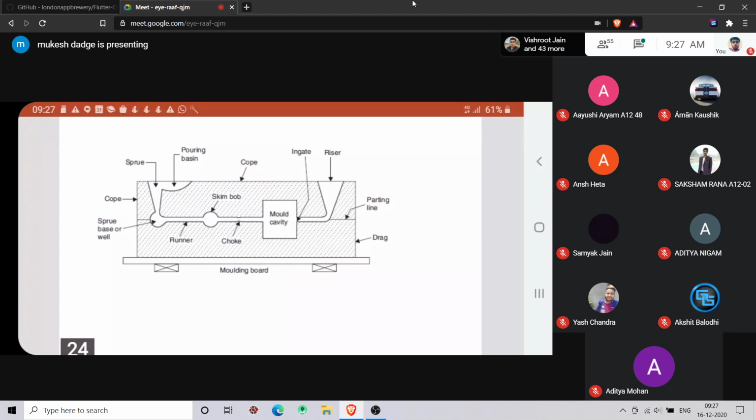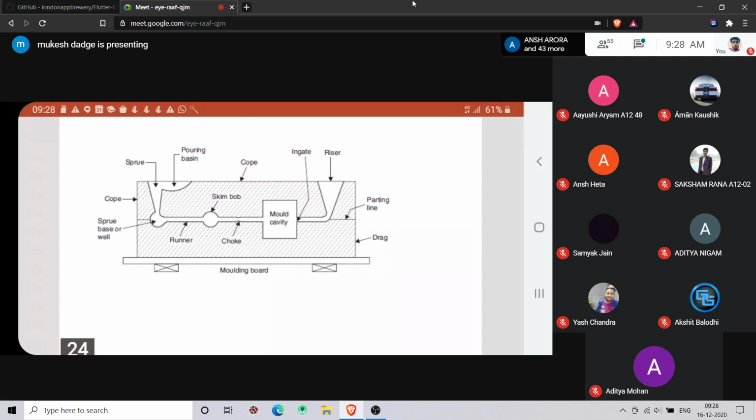Some foreign heavy materials and impurities will be captured in the base. Again, lighter or heavy impurities will be captured in the skim bob. Again there will be a choke area, and choking is there to have particular velocities.